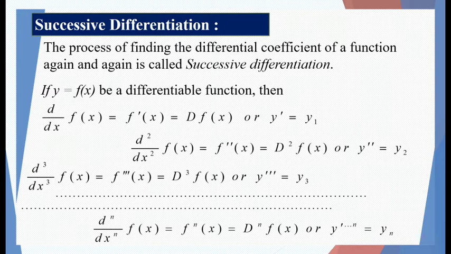This particular manner is known as successive differentiation. Based on the successive differentiation phenomena, we can prove some basic properties. Here we will prove some properties and some you have to prove.